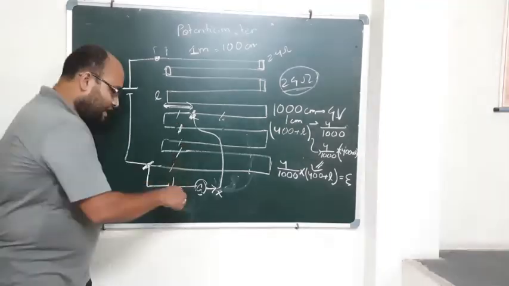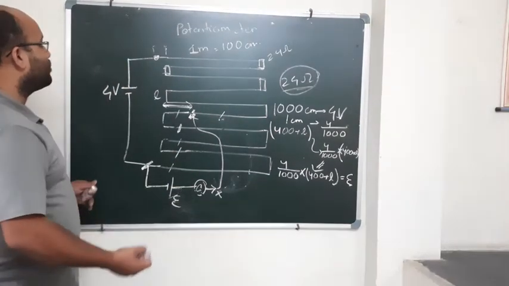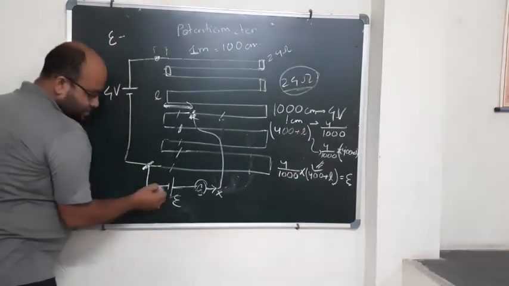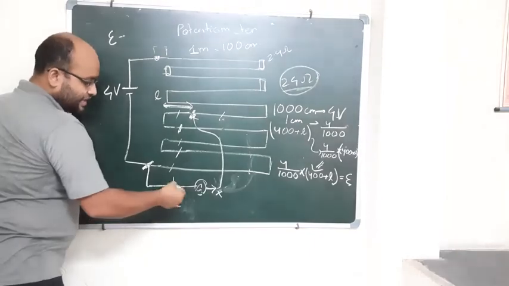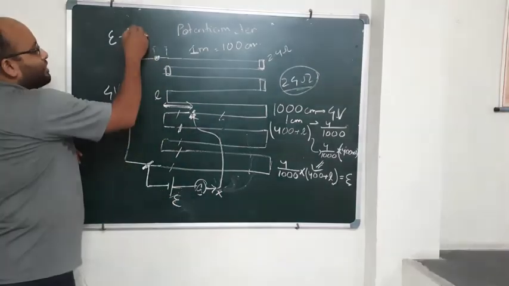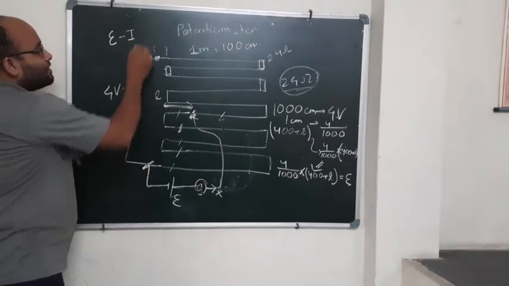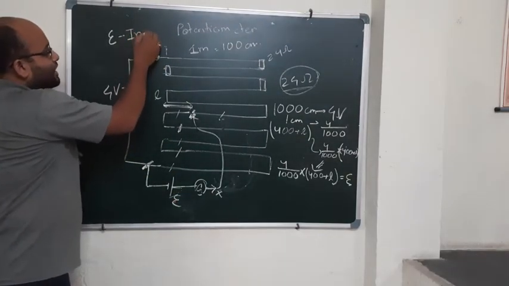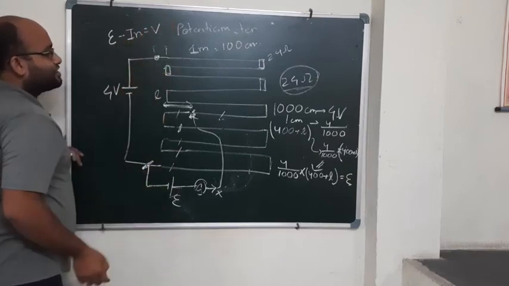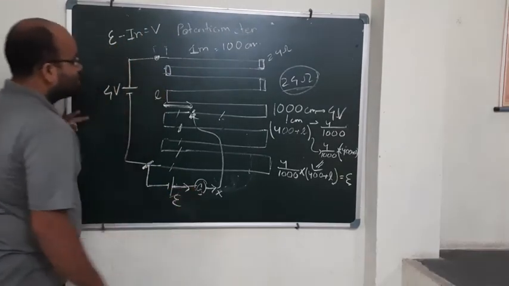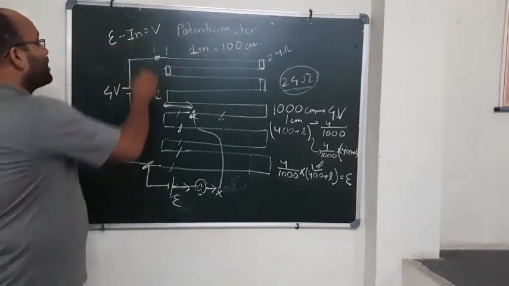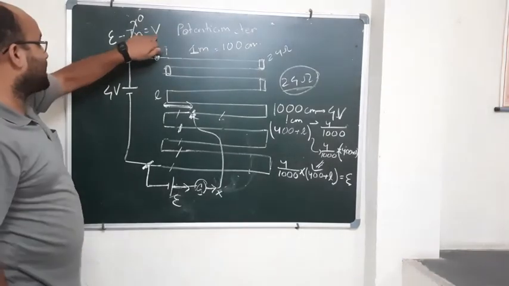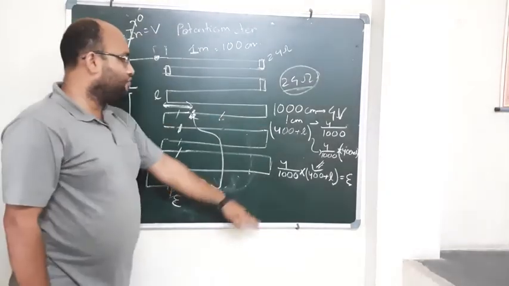As we know from theory, if EMF is E and a current I flows through the cell with internal resistance R, there will be a potential drop of IR. But in this practical there is no current flow, so this is 0, and the potential difference is equal to the EMF.